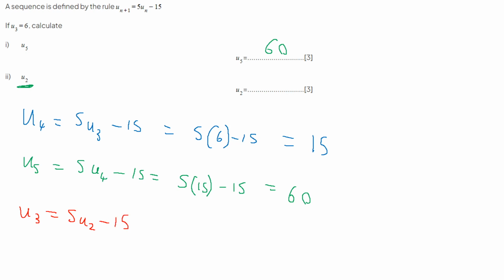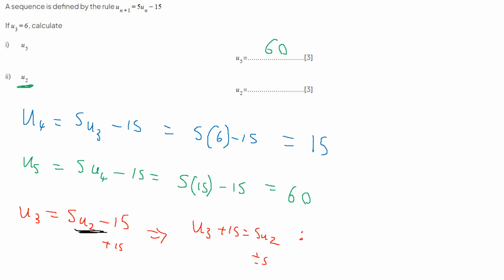So, as some of you might have guessed, we're simply going to make u2 the subject. How do we make something the subject? Well, we need to make everything else go on the other side. So we're going to plus 15. And what we're left with is u3 plus 15 is equal to 5u2. And then we're going to divide by 5.